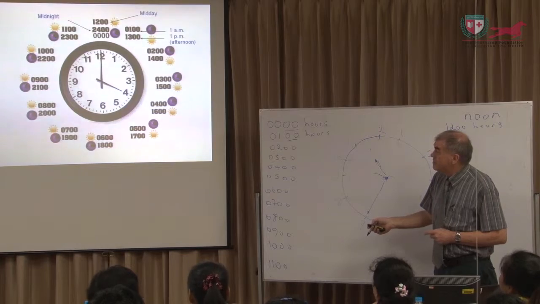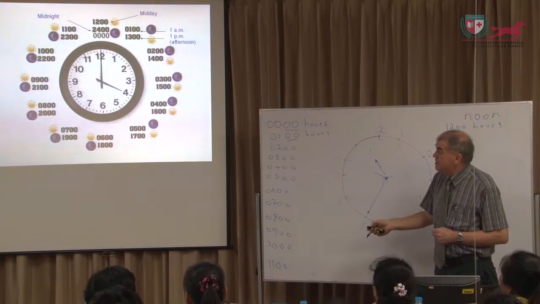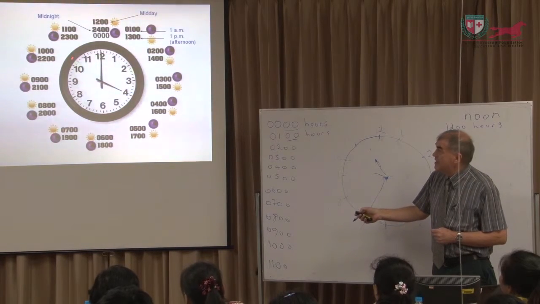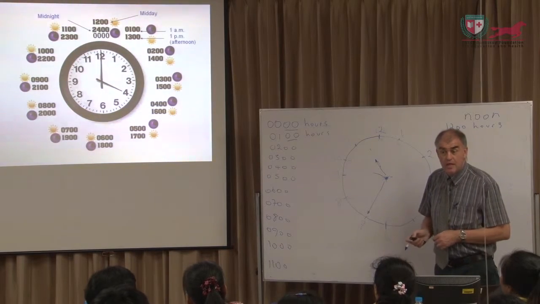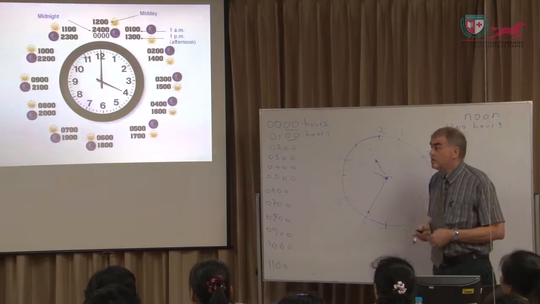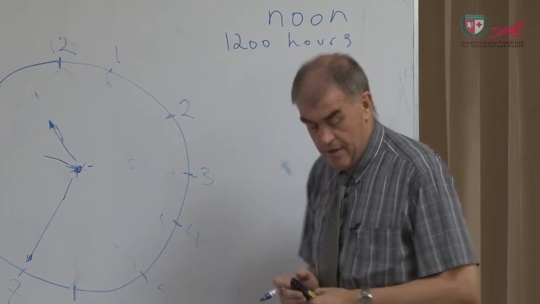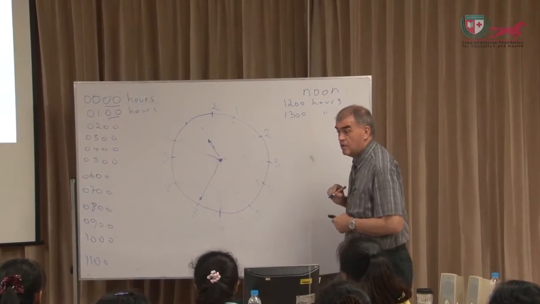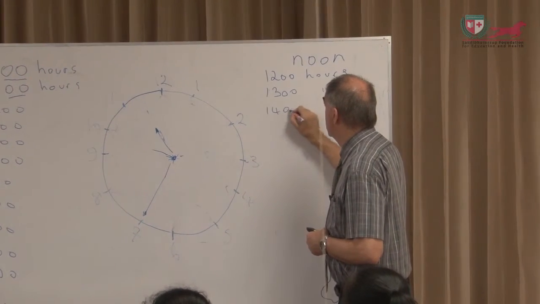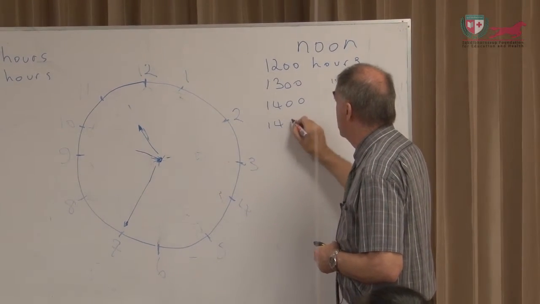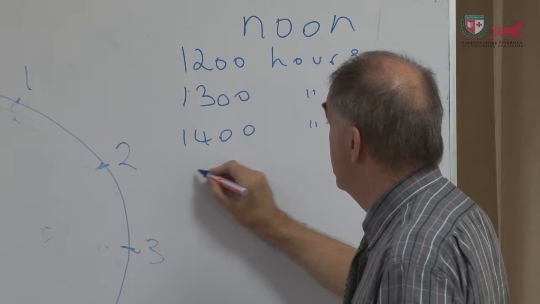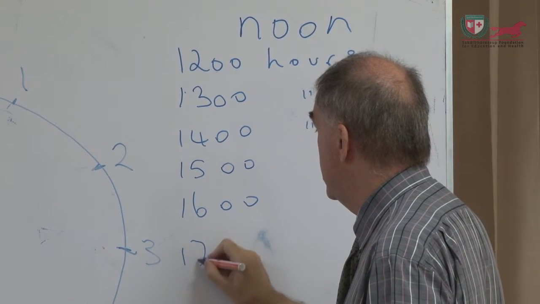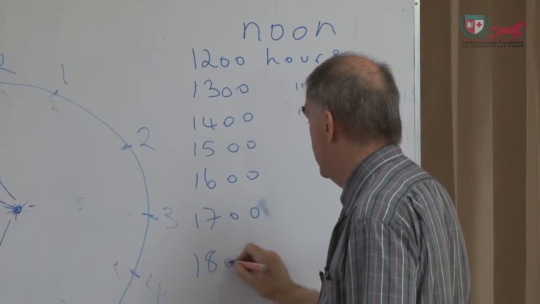Then we have 0600, 700, 800, 900, 1000, 1100, 1200 hours, midday or noon. Then what comes after 1200 hours? 1300 hours. 1400 hours. 1500 hours. 1600 hours. 1700 hours. 1800 hours.